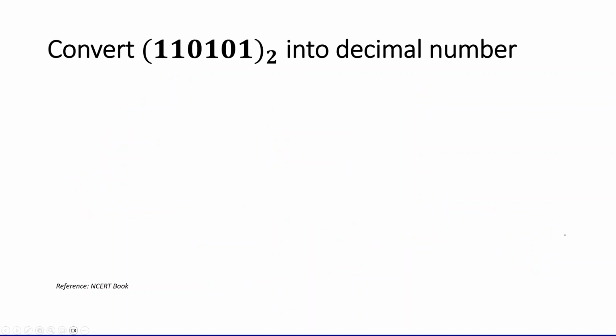Clear, guys? Very simple. The next, convert the given number into a decimal number. It seems a very big number, but don't worry. You apply the same process, but if you have to fast forward the steps, all you have to do is start from the very rightmost digit: 1 into 2 to the power of 0 plus 0 into 2 to the power of 1, correct?